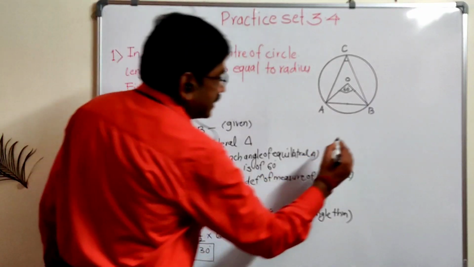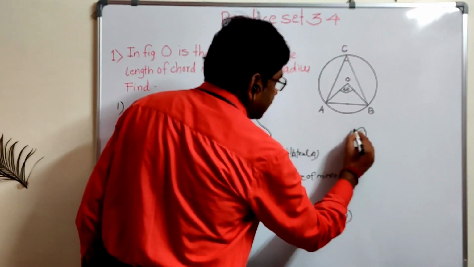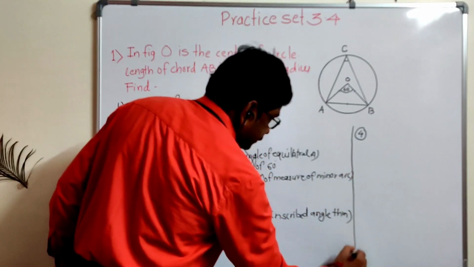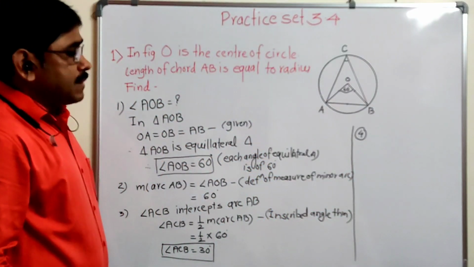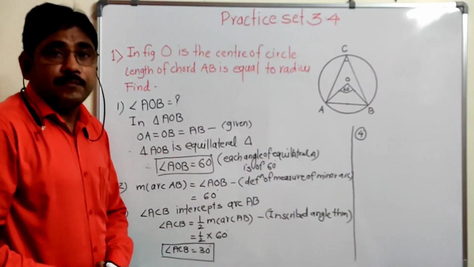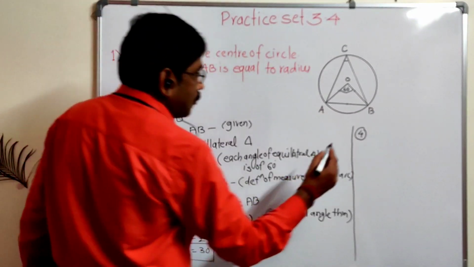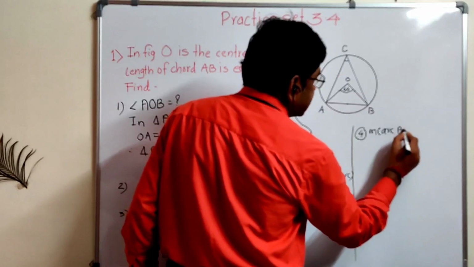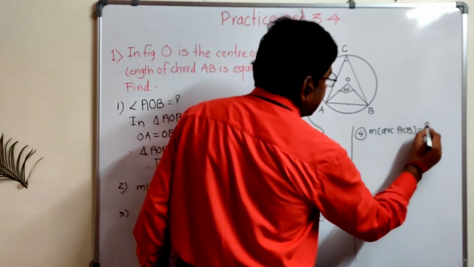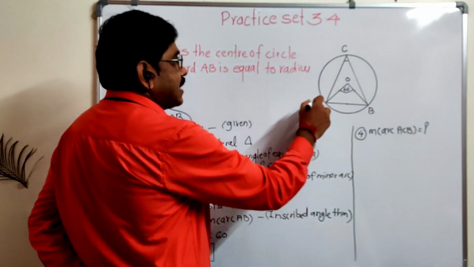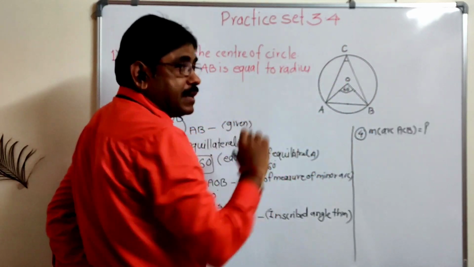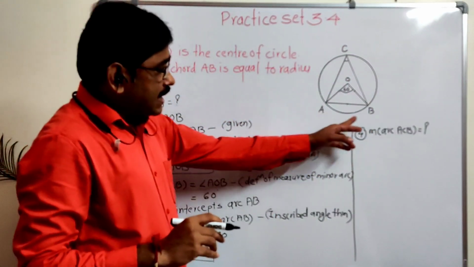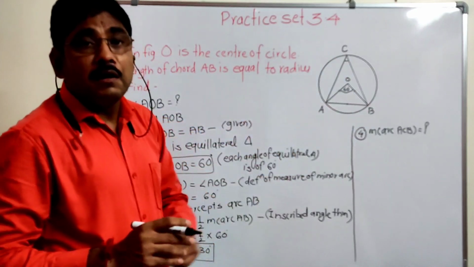Now the fourth one, what do we have to find? Major arc ACB, that we have to find. So fourth, major arc ACB equals. Here AB is the minor arc and ACB is the major arc.